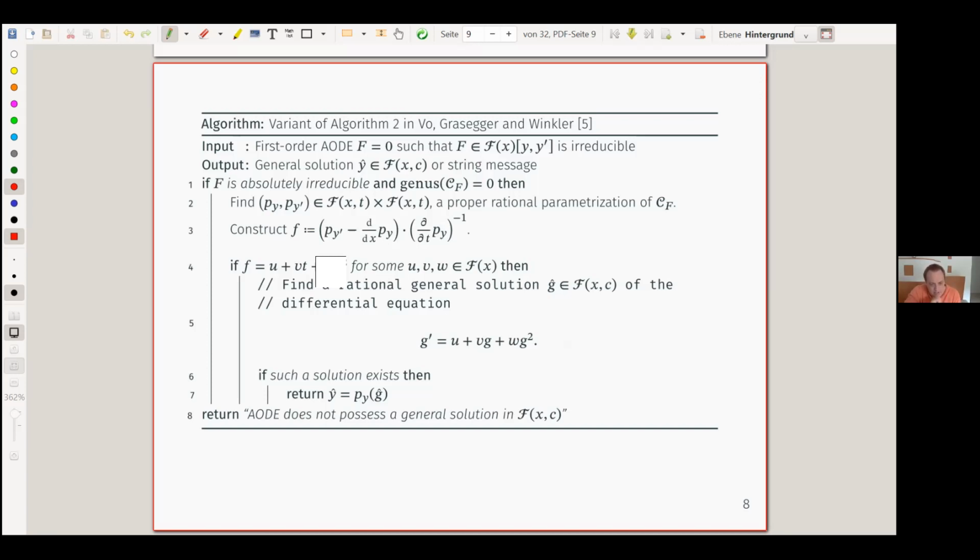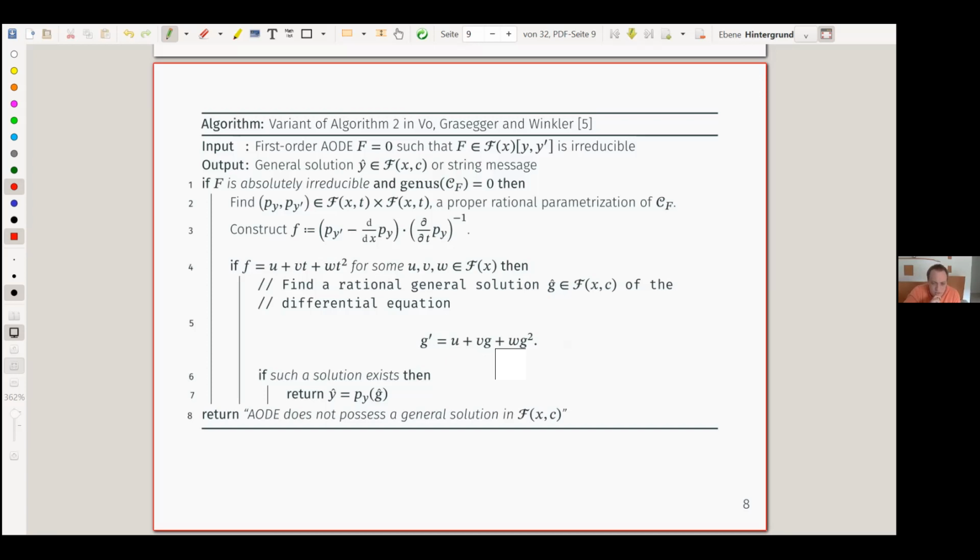And there they use some knowledge from other papers, like Kovacic's paper, where they said that such an equation can only have rational general solutions if it is either Riccati or linear, which means that we can reduce to this case here, and then we have to find this G hat, this transformation, which turns the first component of the parameterization into the derivative of the second.